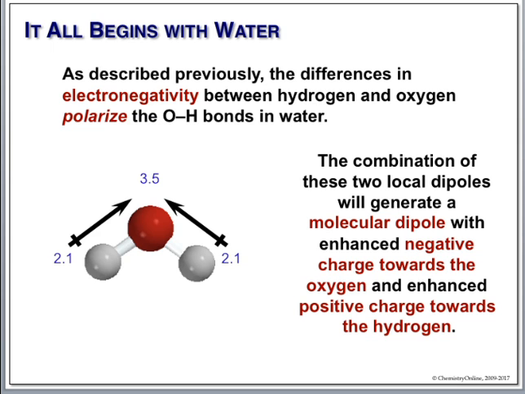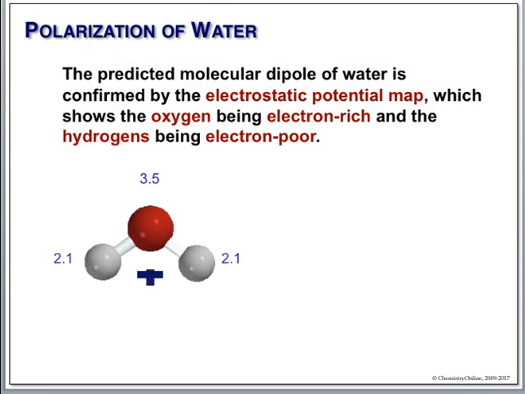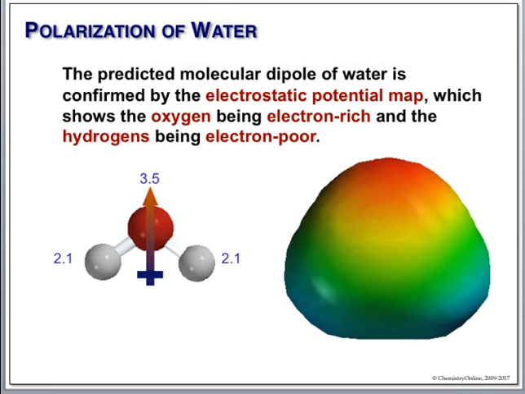Because water has a bent molecular geometry, that means that the water molecule itself is polar. This has a dipole moment going from the bottom, which is positive, up to the top, which is negative. We see this in the electrostatic potential map. Again, this is a positive region, and this is a negative region.